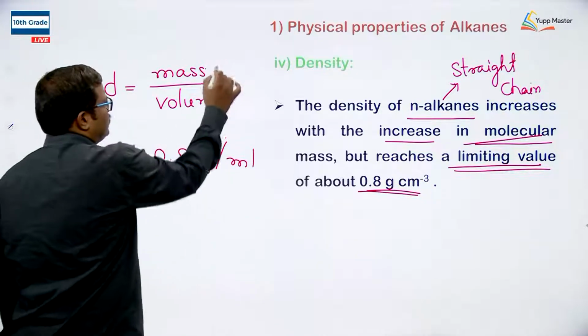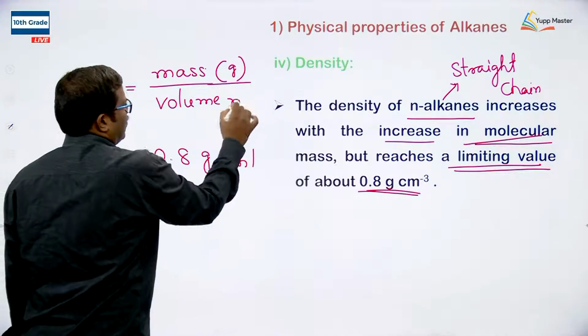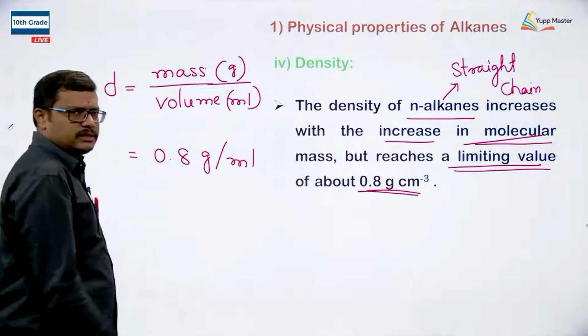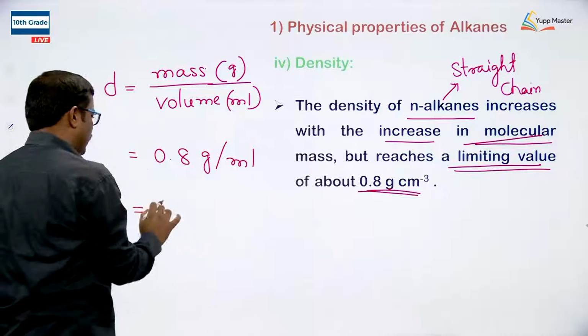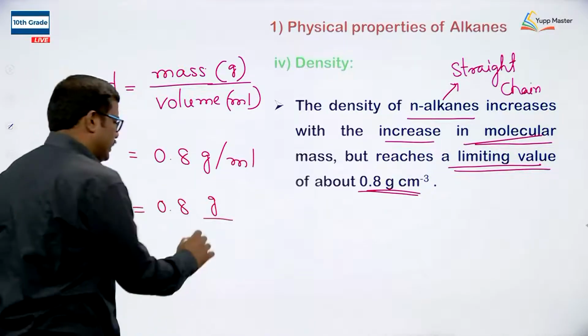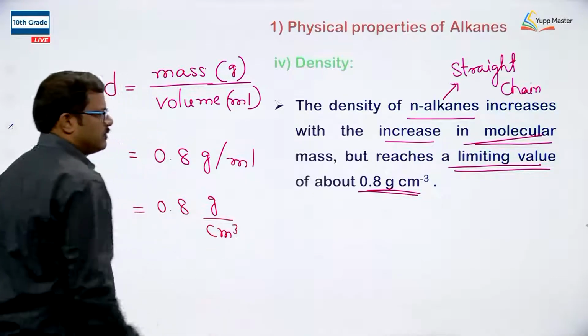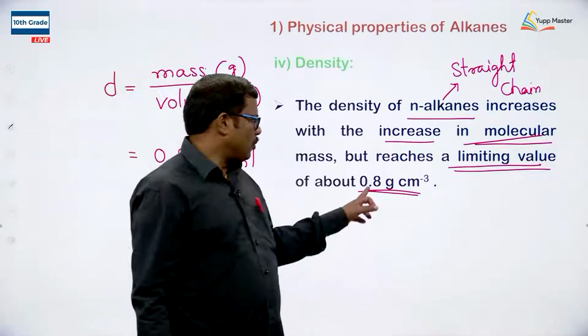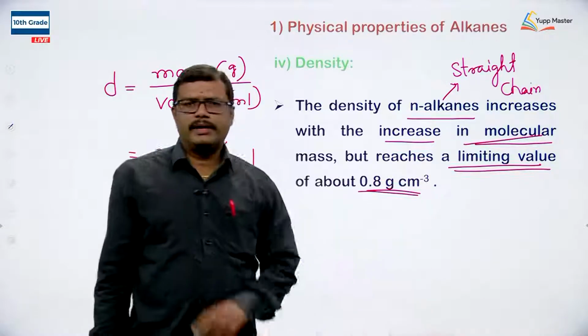Mass is measured in grams. Volume is taken in terms of milliliters, ml. So, it is gram per ml. Or you can also write it as gram per centimeter cube, so 0.8 gram centimeter to the power minus 3.